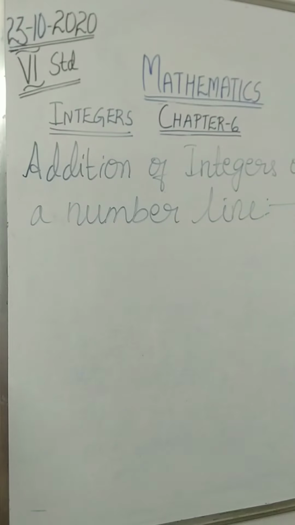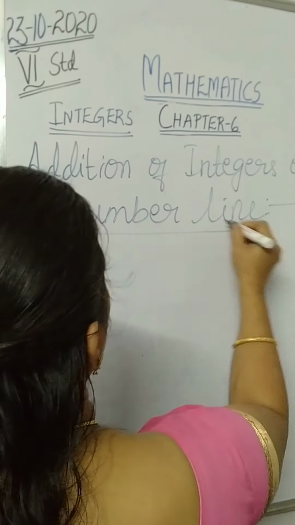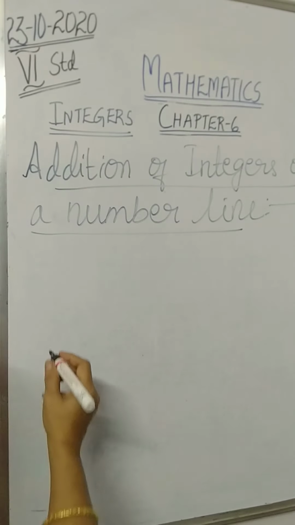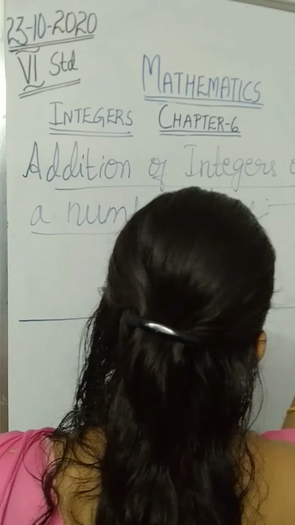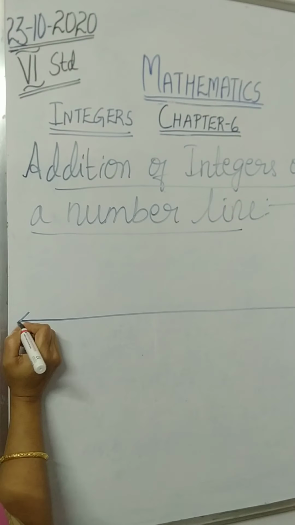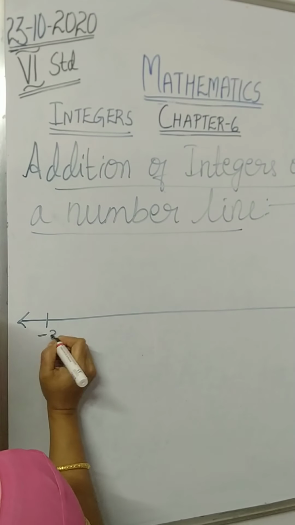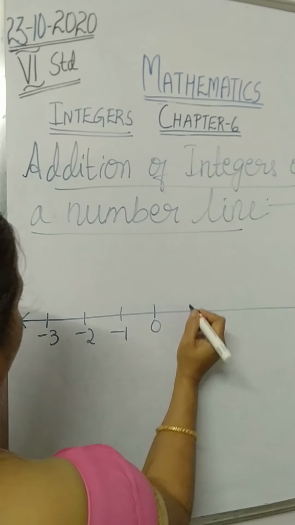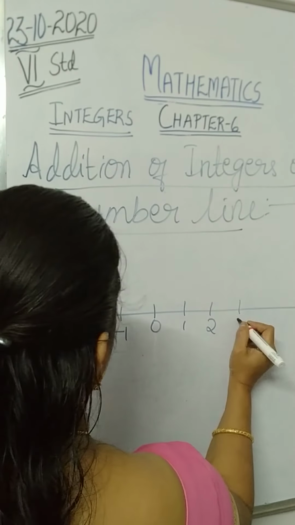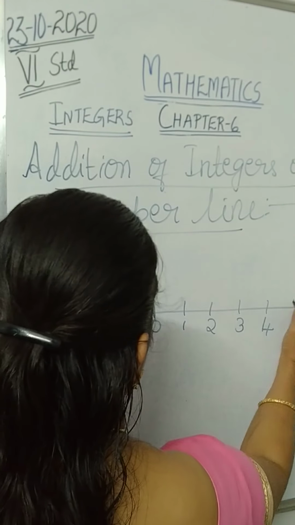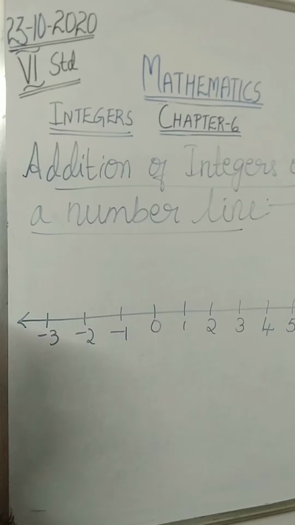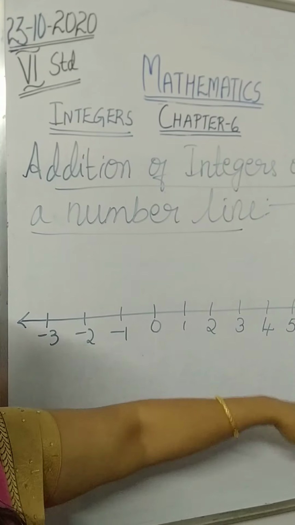Okay, children, let us see that. To know that, we will have to have a number line. Let us see. Here a number line which has got few of negative integers and few of positive integers. You can write how much ever numbers you want in negative, also in positive.